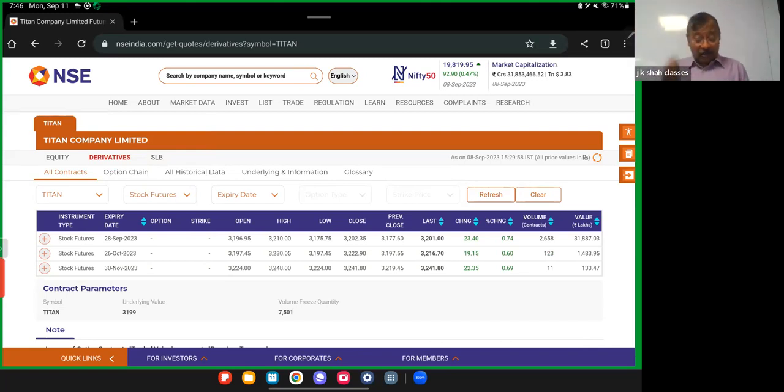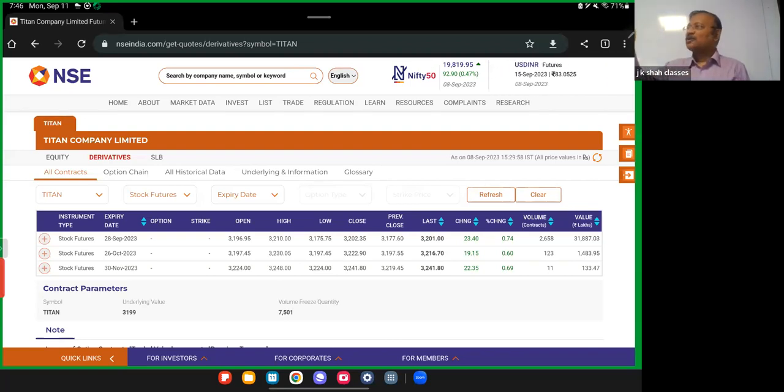On 28 September, when the first one expires, you will find a December future coming into existence. September is expiring now, so December will come, and when October expires, January will come. So at any given point of time, you will have 3-month futures.